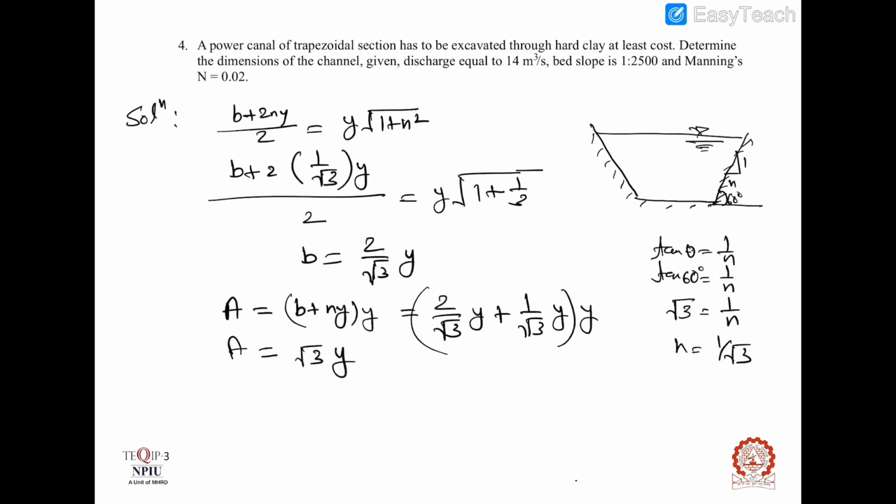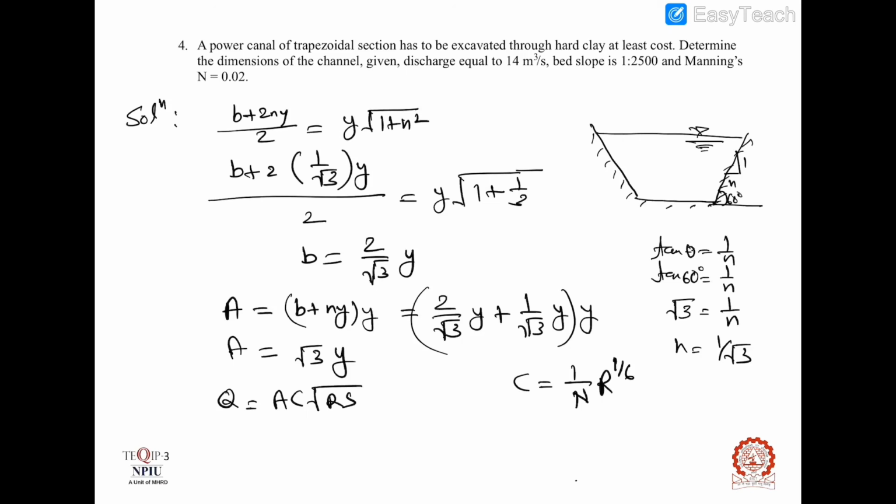Now apply the Chezy equation here. Q is equal to A C root over R S. See, in this problem, we have the Manning's constant n is equal to 0.02. We do not have Chezy's constant, but we know the relation between Chezy's constant and the Manning's constant, that is C is equal to 1 by n R to the power 1 by 6.